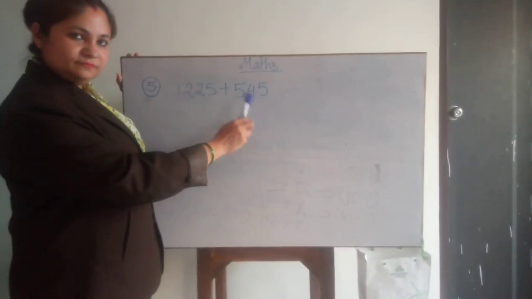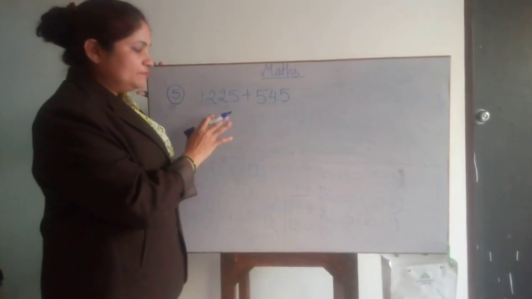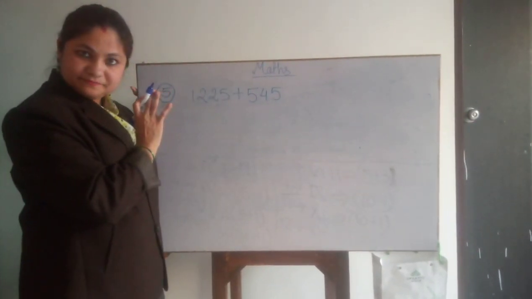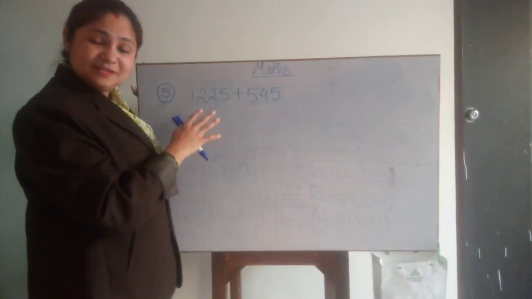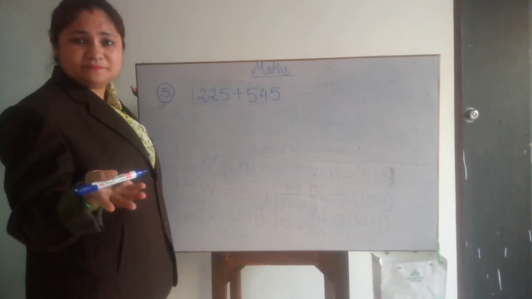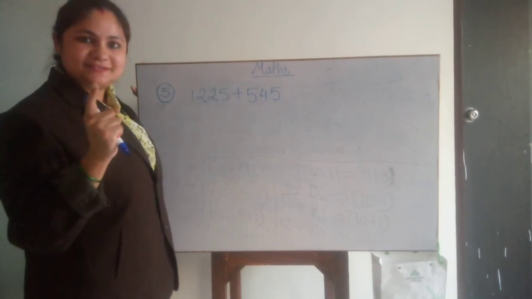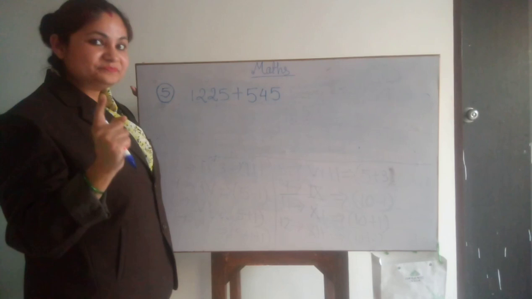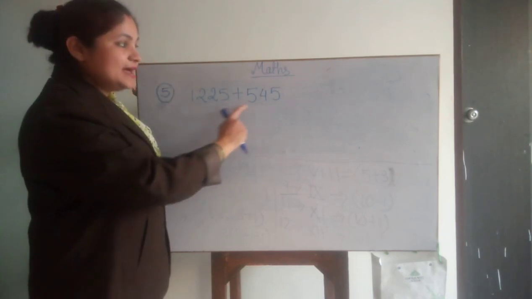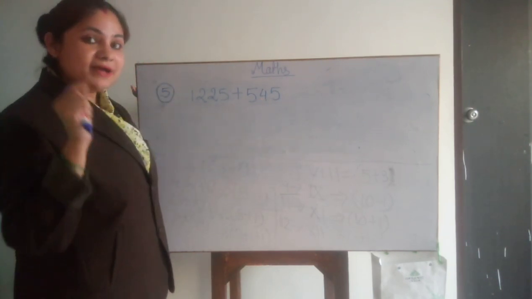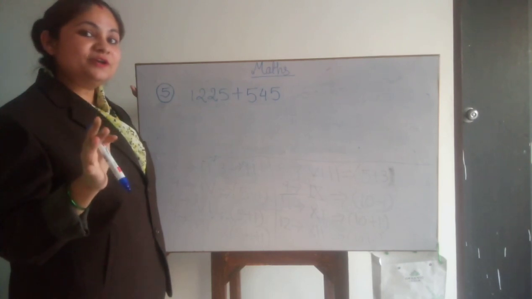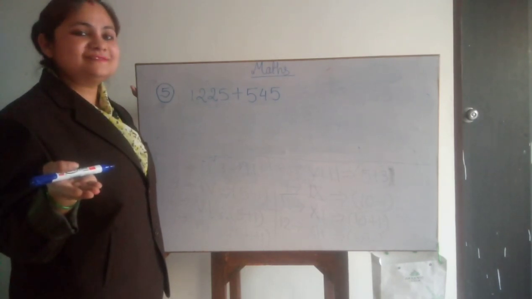This is your problem. Okay, simply you will say we have to add them. Yes, you will say we have to add them. It is so simple, ma'am, we can do it. But there is a twist. What is the twist? Here they are asking, make a story in your own words.